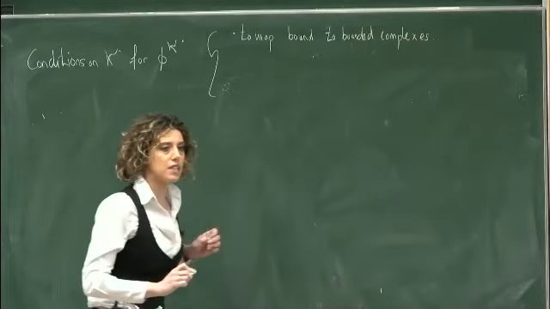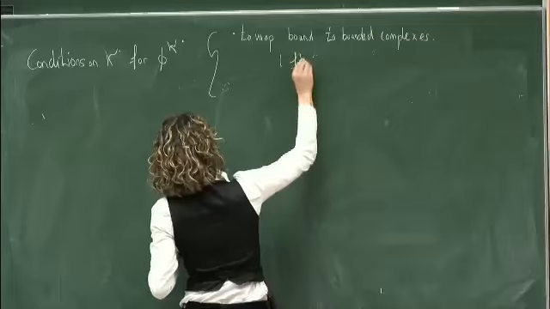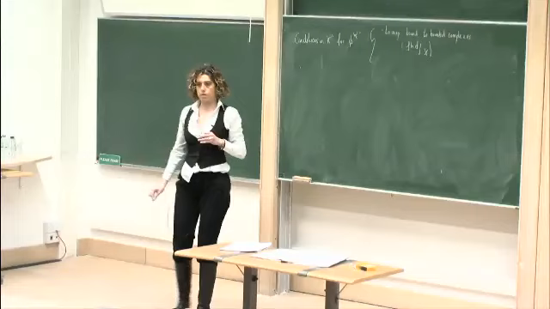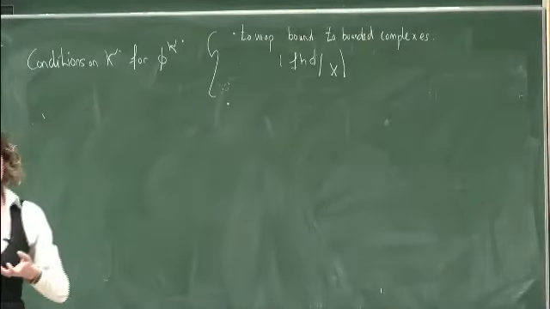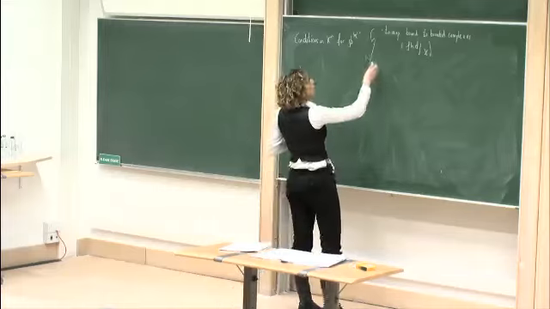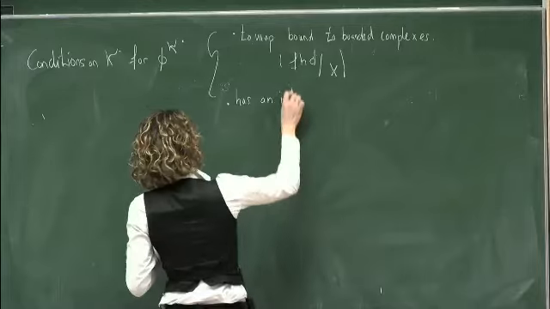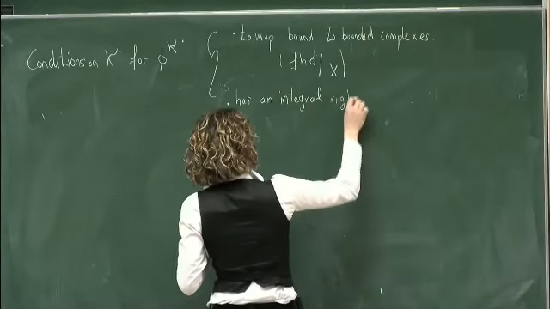And this is just that your kernel that lives in the fiber product is of finite homological dimension over the first factor, over X. And moreover, since we are interested in functors that are equivalences, you need to know sometimes when your functor has an integral right adjoint.